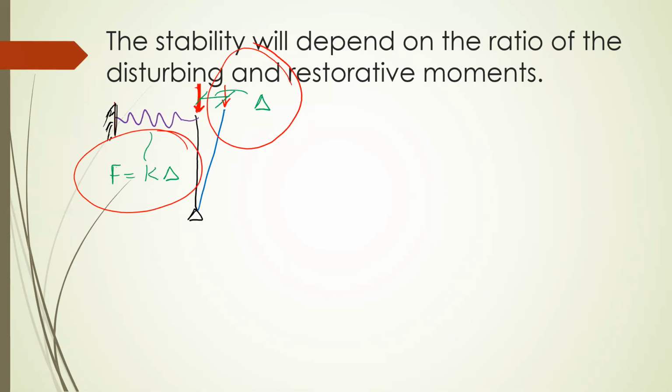So mathematically, we could take the sum of the moment about, let's call this A. We know that it has to be equal to 0 if it's going to be in equilibrium.